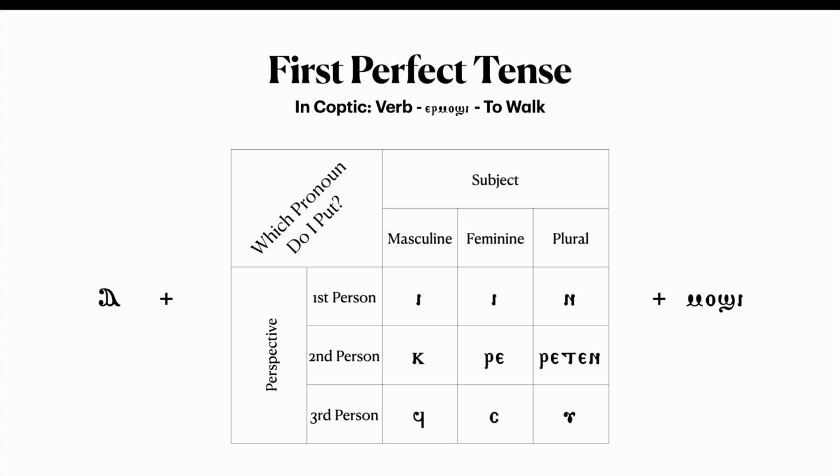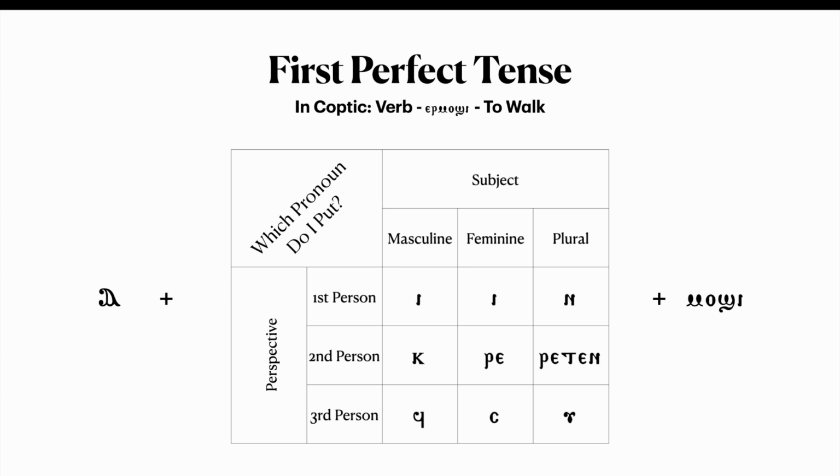So for first person, if you're saying I walked, what you would put is alpha, then iota, because whether you're masculine or feminine, it's going to be iota for first person, then moshi. So altogether, that's going to be I moshi, because alpha and iota make I. So that's pretty easy to remember.